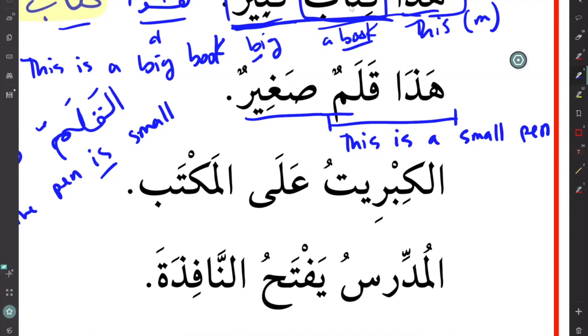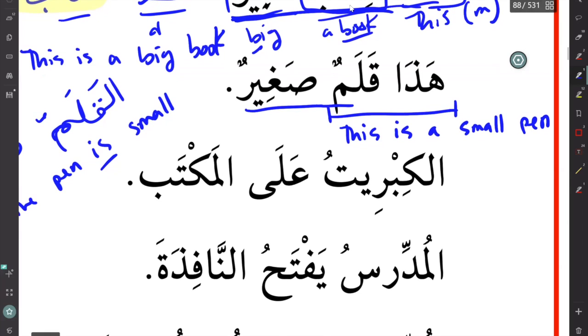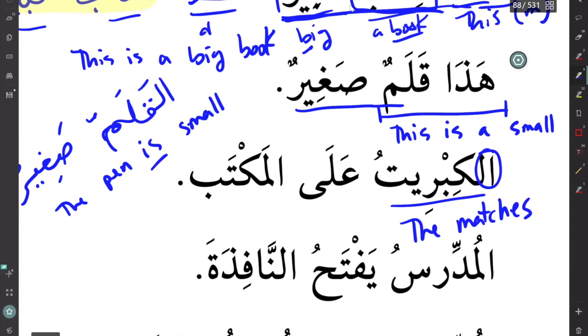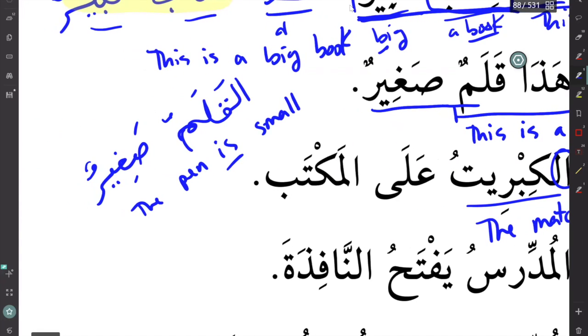Next one, we have al-kibritu ala al-maktab. So al-kibritu is what? The matches, right? We say the matchsticks, matches, because of alif lam. Ala, we know what ala is. We had this before. Ala is a preposition, it means on. And we also know what happens when we have a preposition, right?